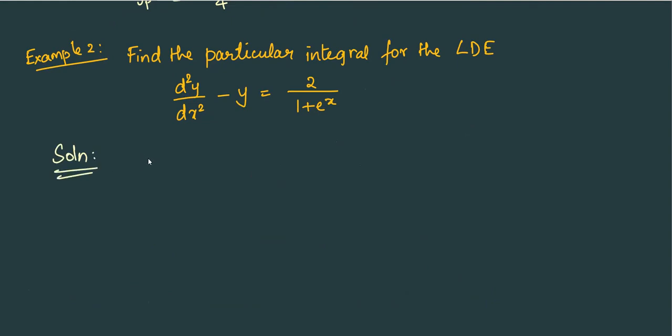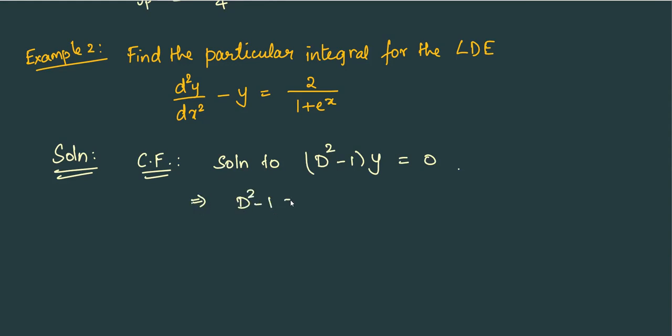So step one is to find the complementary function. That means the solution to D square minus 1 times y is equal to 0. Which means D square minus 1 equal to 0, which means D has two roots, minus 1 and plus 1.